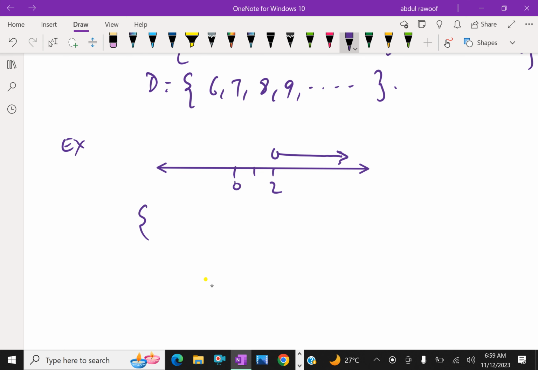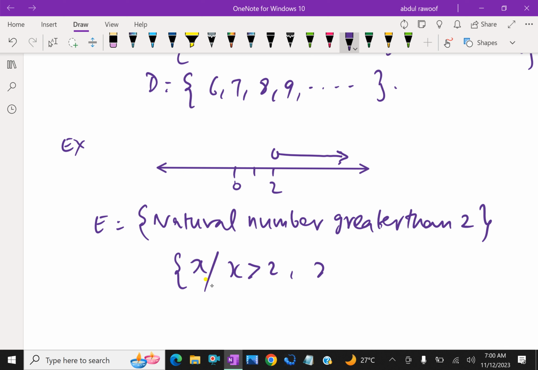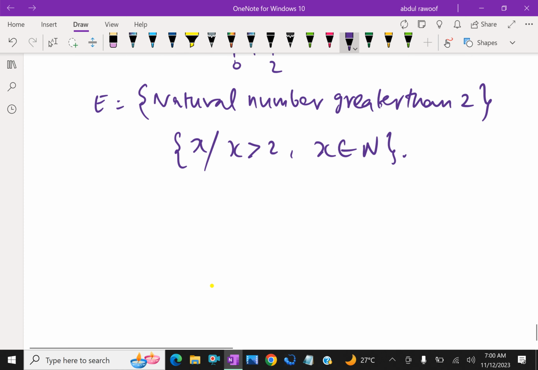Suppose set E is natural numbers greater than 2. Then how to represent in interval form? x is such that x is greater than 2 and x is an element of natural numbers. Like this we can represent.